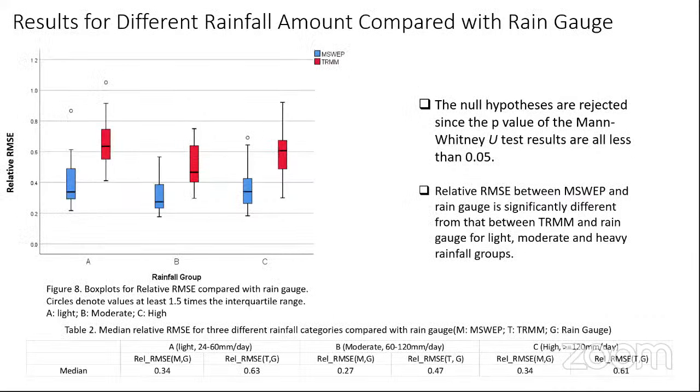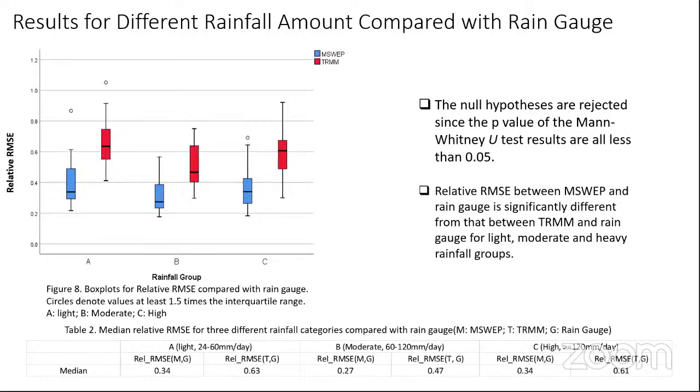Then we look at the rainfall at the different thresholds, based on the previously defined light, moderate, and high rainfall values. And we did the same process. Also, the results are significant.